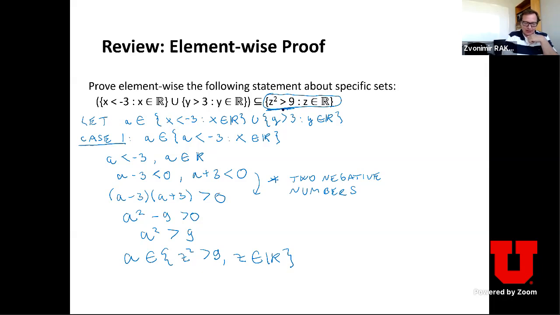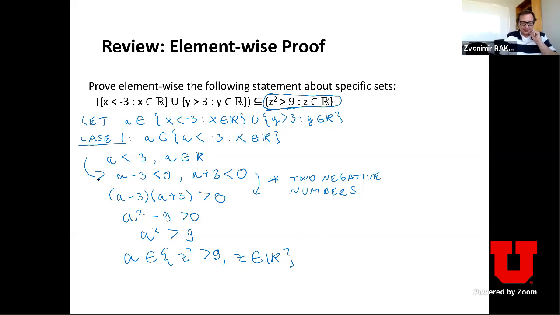When I was playing with that, I needed these two facts to be able to arrive there. So this is, I would say, the tricky step, and you get there by looking at the goal. This is a harder element-wise proof exactly because of this step. Usually this falls out almost automatically. Here you have to do a little bit of thinking.